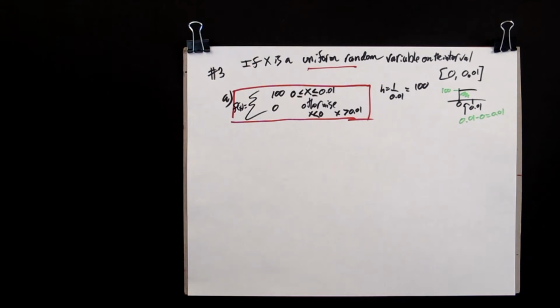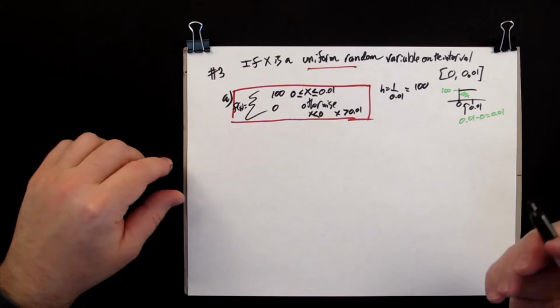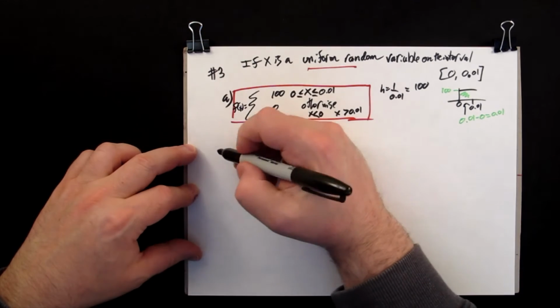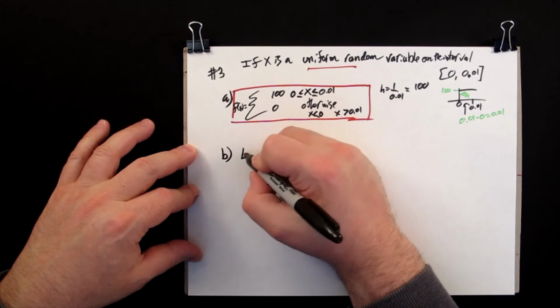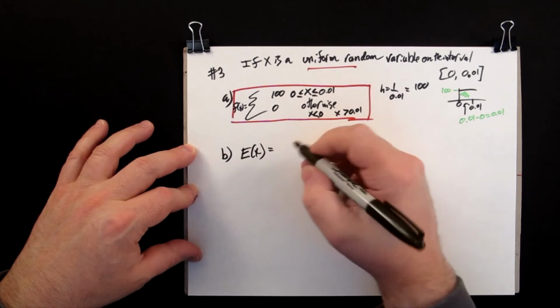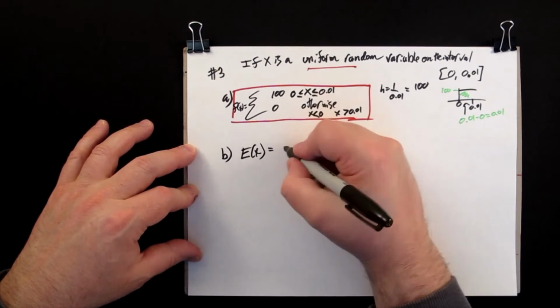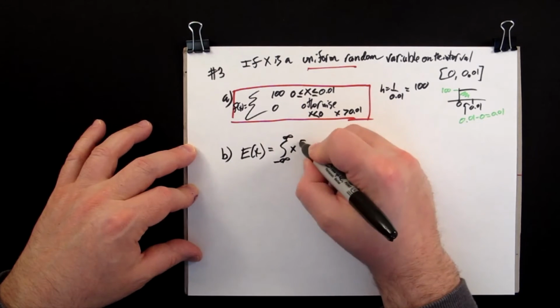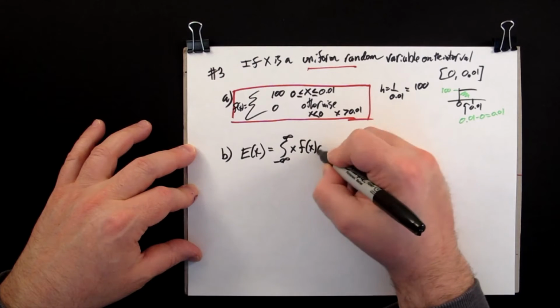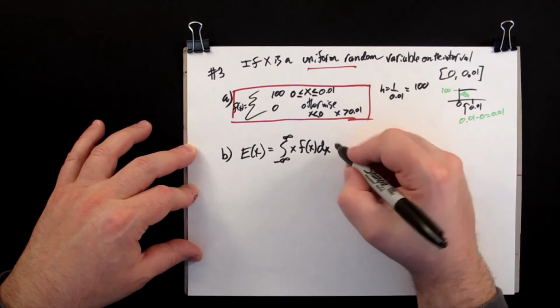All right, now since we have a uniform random variable, and we know it's a continuous uniform random variable, the next question is asking what is the expected value. Okay, so you can take this and plug it in here, right? Take each observation times the chance of seeing it, sum them all up.